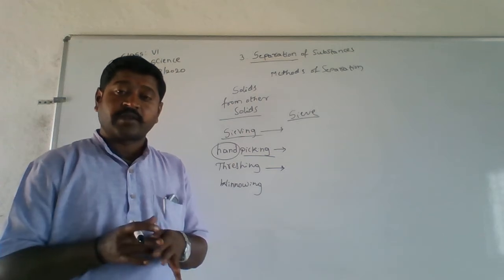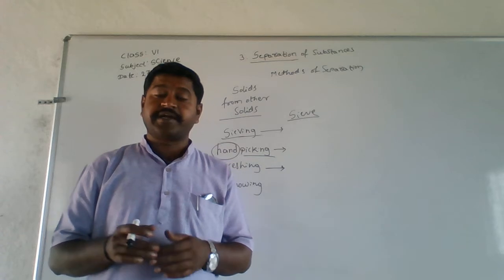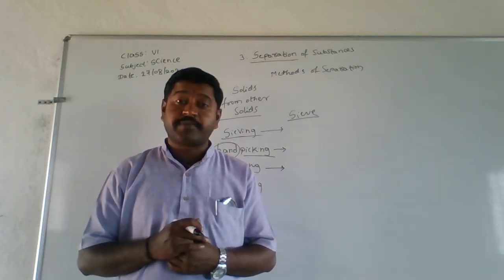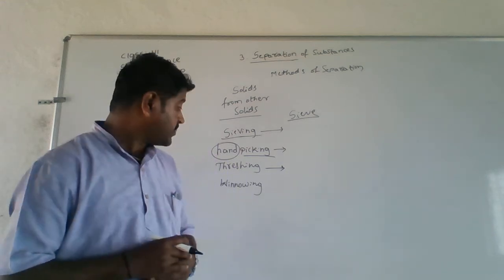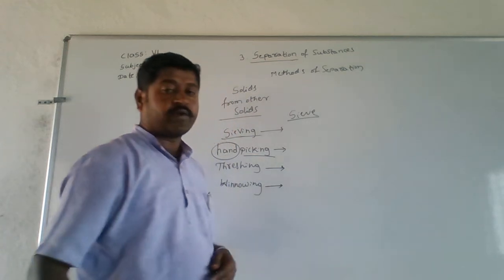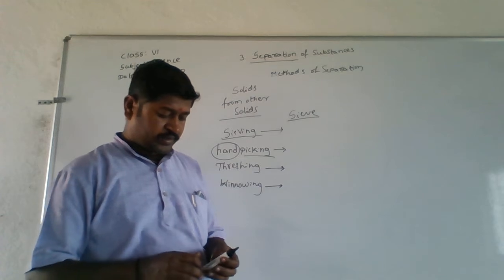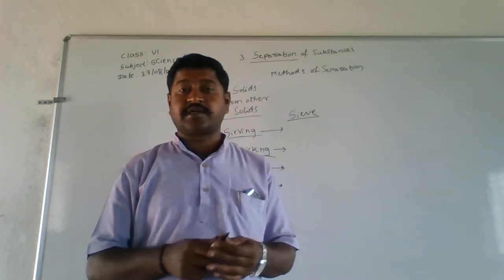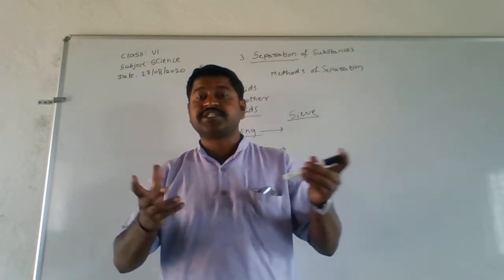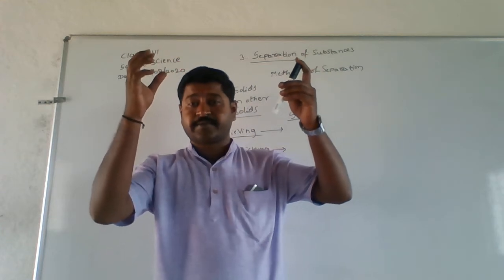Apart from this, separation of grains can be done by beating the sticks, or allowing the buffalo to trample. Fine. Then at last we have winnowing. I think this is also studied in the previous chapter, where the person will be holding the mixture in their hand, holding it high till their shoulder.